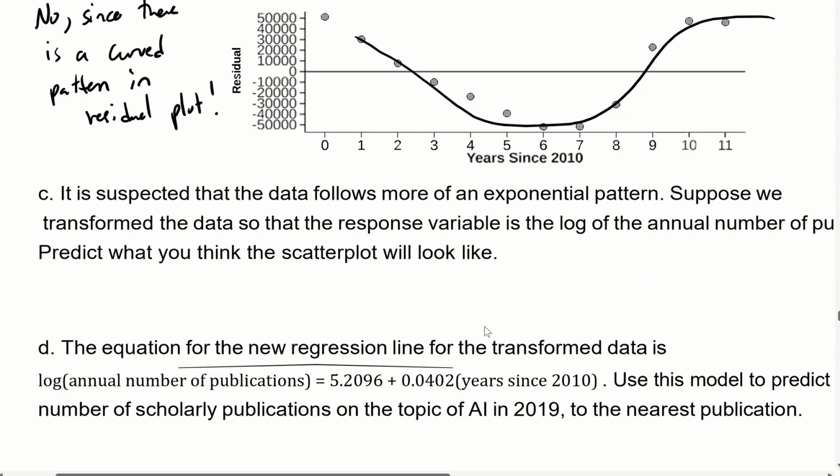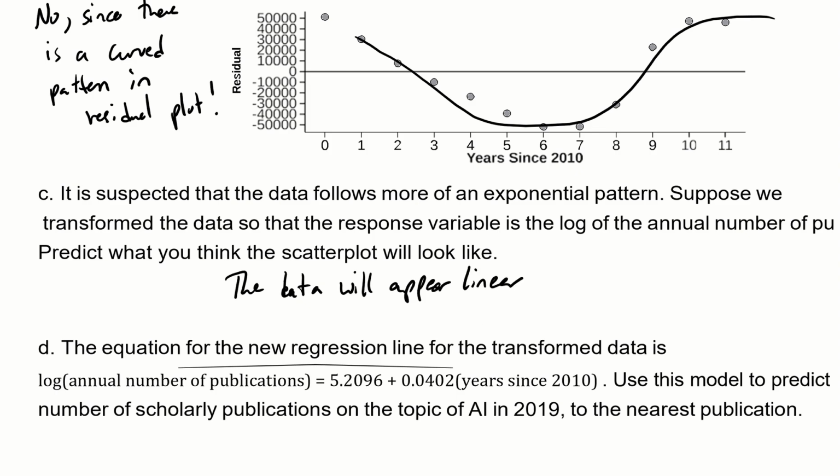Okay, so remember that if you have a power model and you take the log of y versus log of x, it's going to make it linear. If you have an exponential model and you graph log y versus x, then it's going to make it linear. Okay, so in this case, we're going to say the data will appear linear if it's an exponential model.